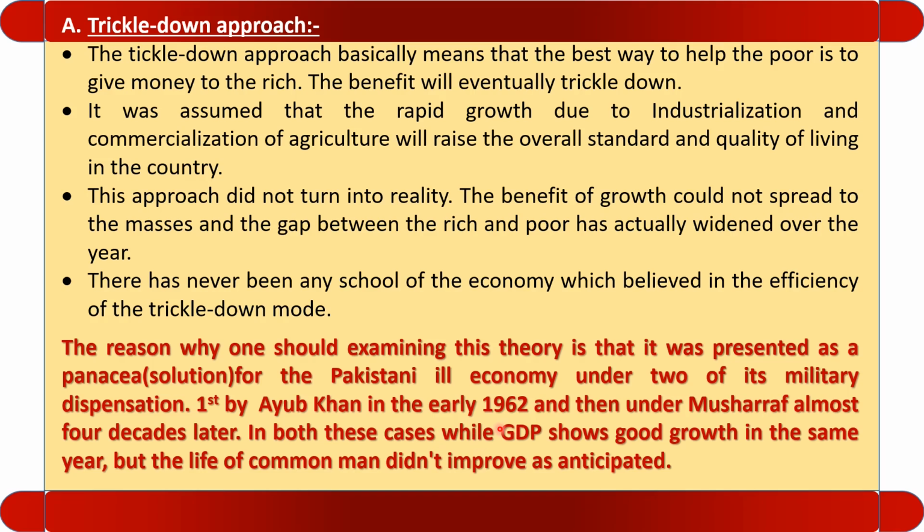In both these cases, the GDP no doubt has grown, but the condition of the common people did not improve, or we didn't see any improvement in the condition of the poor people. So this approach sounds good, and it is a belief that by helping the rich, the poor people will be benefited, but the condition of the poor did not improve. In fact, the gap between the rich and the poor widened.